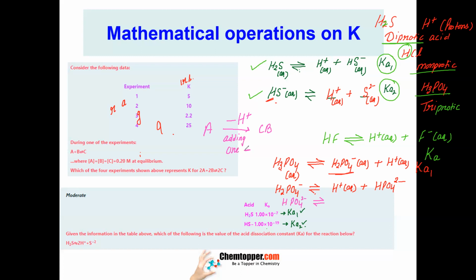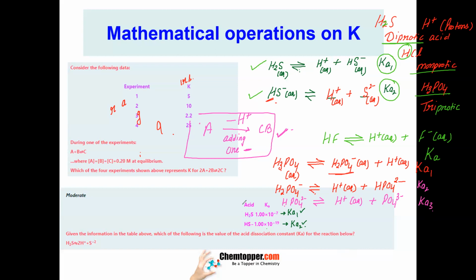Those who find it difficult to understand can write this hint: when I remove H plus, I get one extra minus on the conjugate base. So you can memorize it like this: 1 H plus removed, 1 minus left on the conjugate base. Right? Now this is Ka1, this is Ka2, and this is Ka3.